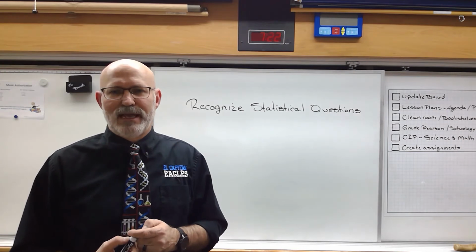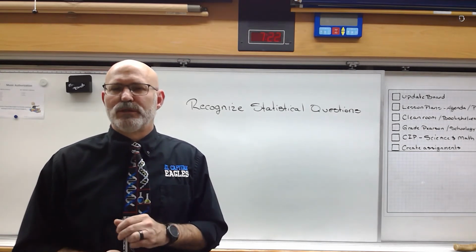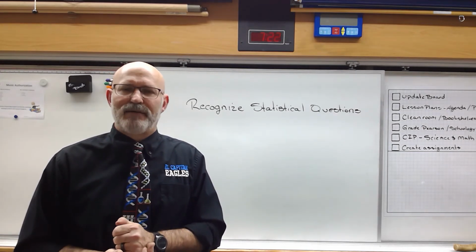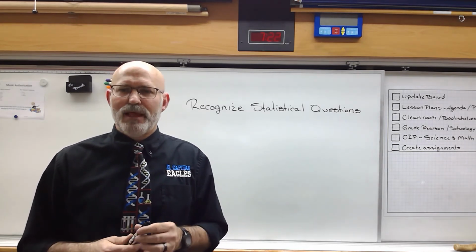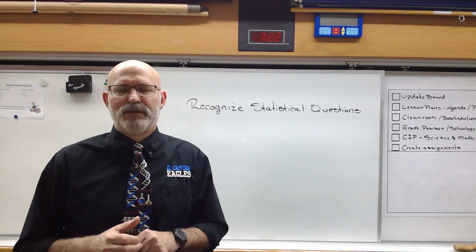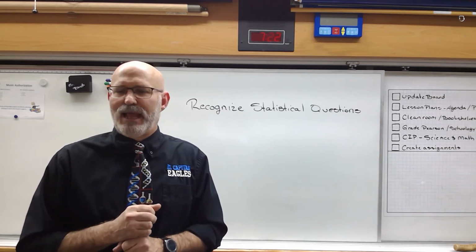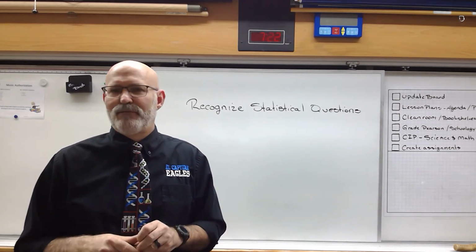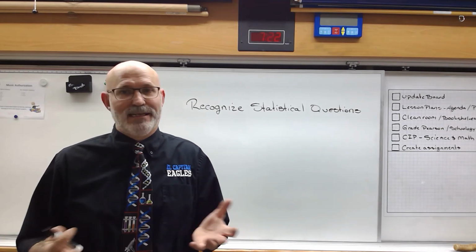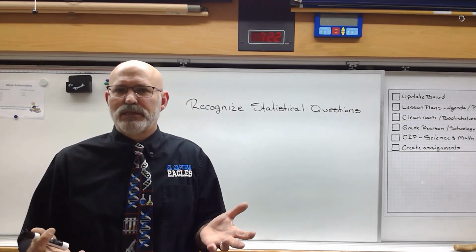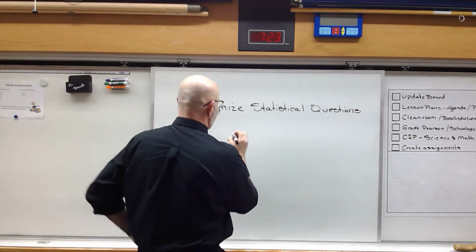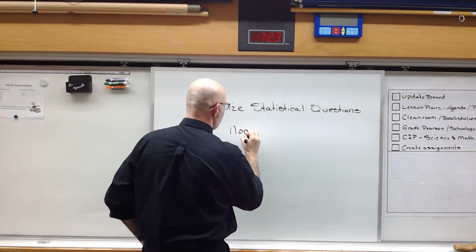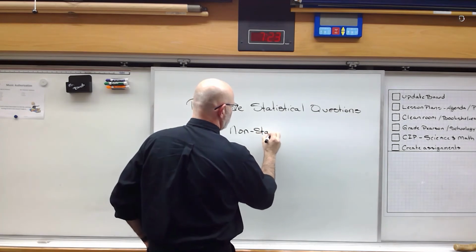But going back to the topic that we're talking about today, we're talking about statistical questions. A statistical question has to have variability. It needs to have a range of different answers. If you have a question that only has one answer and that's it, there's only one answer possible, that would be a non-statistical question.